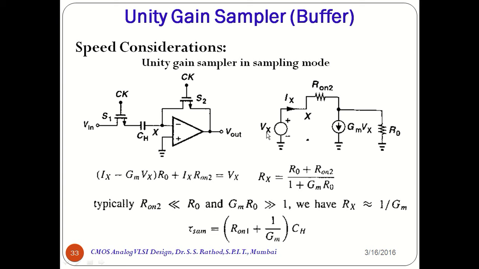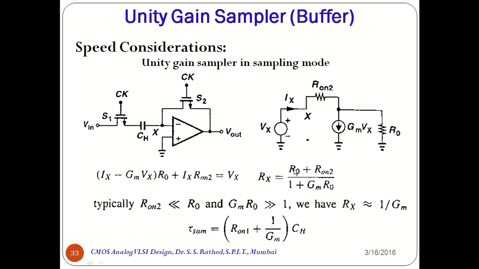Thus for this network we can say that Vx is the voltage drop across Ron plus the voltage drop across R0. Voltage drop on Ron is Ix times Ron, and voltage drop on R0 is Ix minus GmVx, times R0.